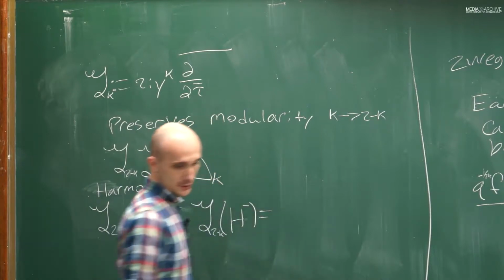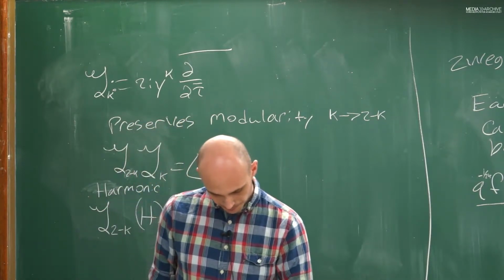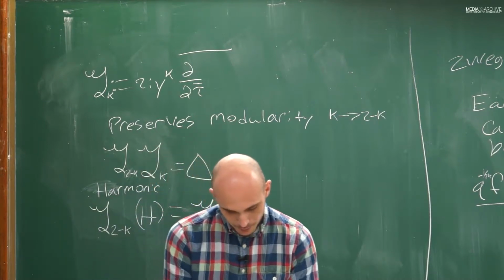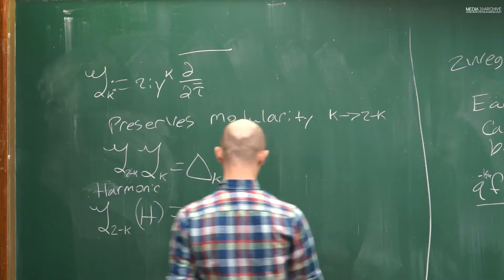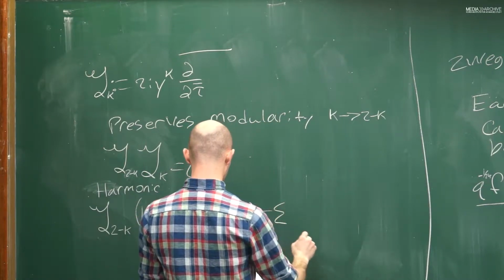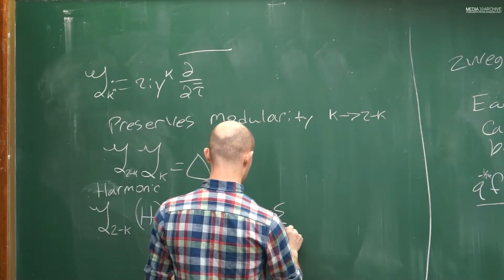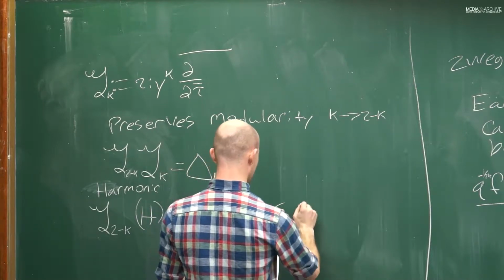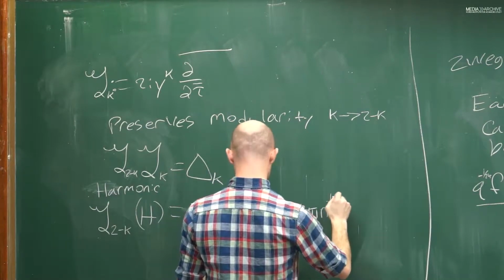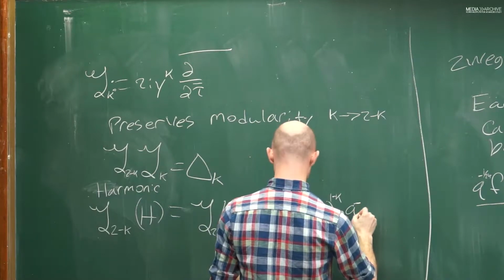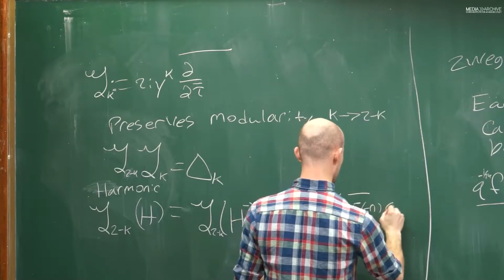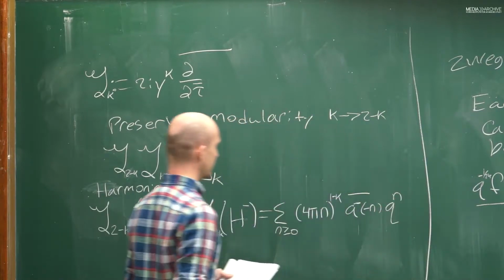And the result will be a holomorphic modular form: the sum over n greater than or equal to 0 of 4 pi n to the 1 minus k, a minus of minus n, conjugated, times q to the n.